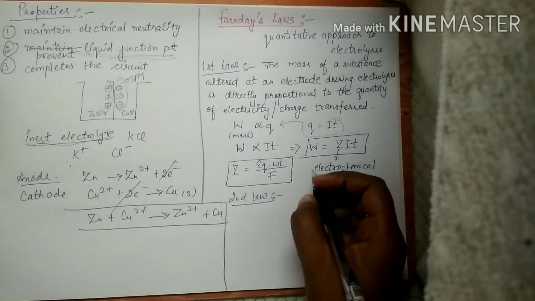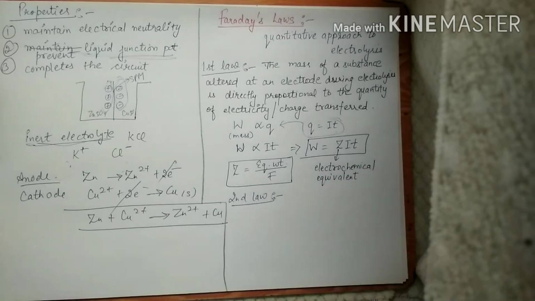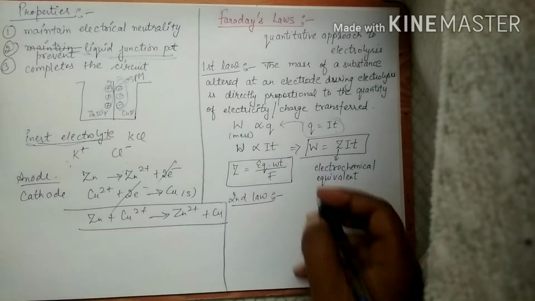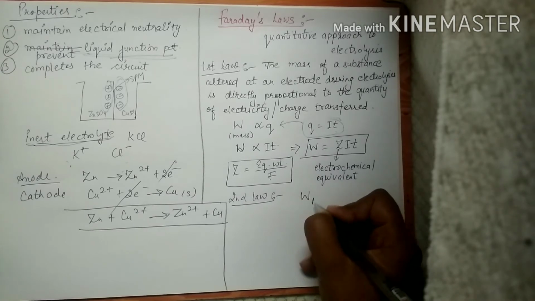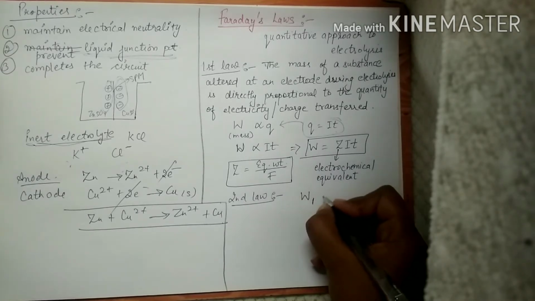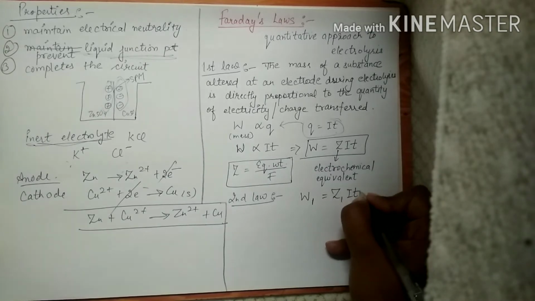The statement is that for a given quantity of electricity, the mass of an elemental material altered at an electrode is directly proportional to element's equivalent weight. So suppose W1 is the mass altered, then it will be equal to Z1 IT.